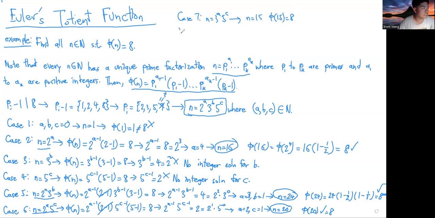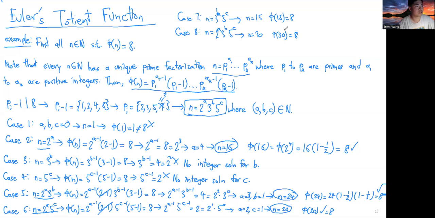And the last case is if n equals, wait, sorry, I made a mistake there. 2 to the A, 3 to the B times 5 to the C. And when you work it out, you get n equals 30, and phi of 30 is equal to 8.